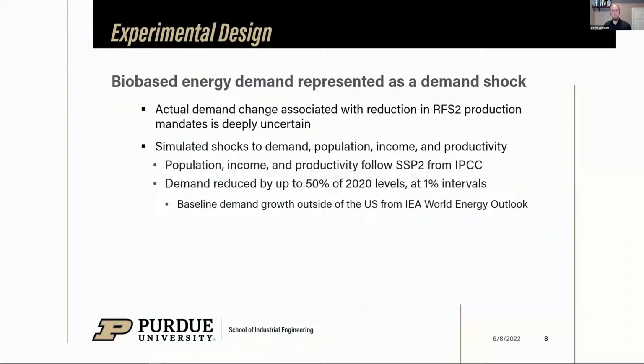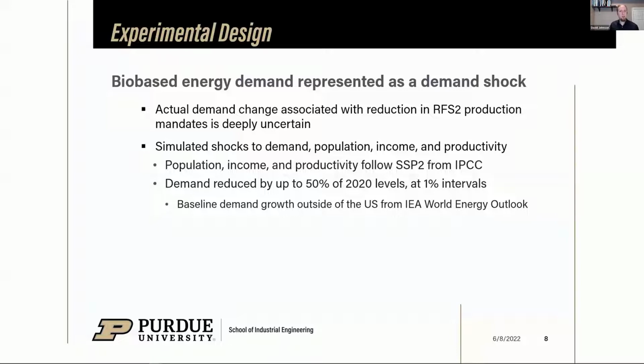And then the baseline demand growth for biofuels outside of the US was coming from the IEA World Energy Outlook. And those projections are somewhat higher than a lot of other projections. And so overall production in the baseline goes up quite a bit compared to some other estimates.